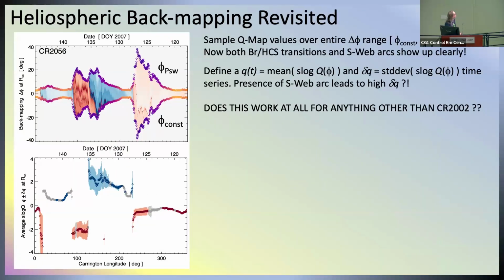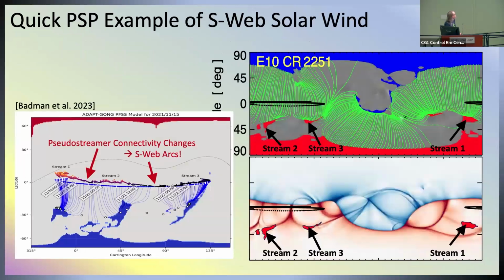So there's some other stuff on back mapping, more of this S-web. Here's an example of this exercise with Parker Solar Probe data. Here is the connectivity of PSP, and you can see that at some part of this orbit, you jump from one coronal hole to the next coronal hole to the next coronal hole, and these jumps are over S-web arcs.